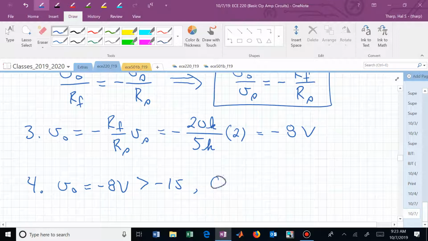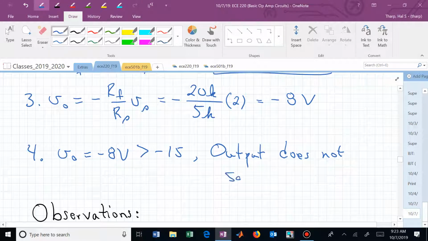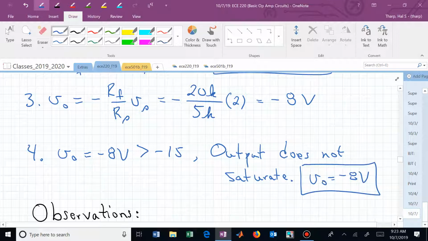That says then that in this given scenario, the output does not saturate, and consequently, we can conclude that indeed the output voltage of that circuit is minus 8 volts.